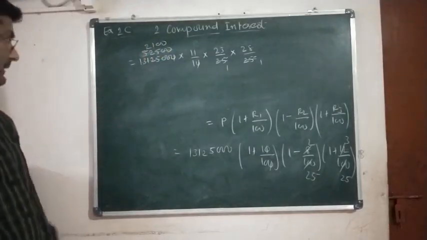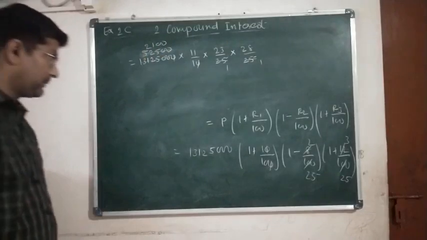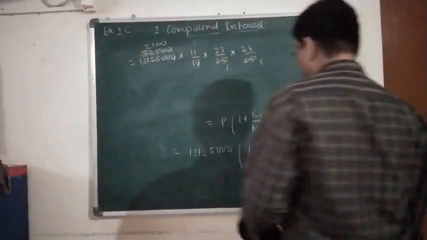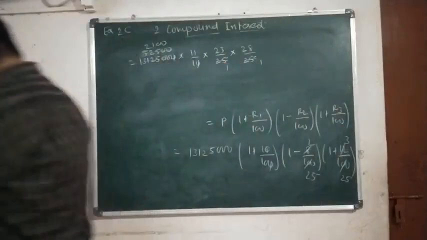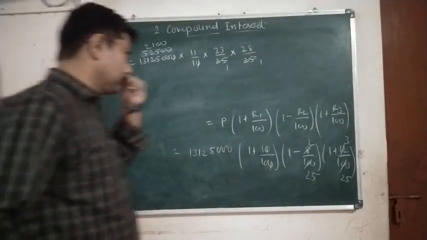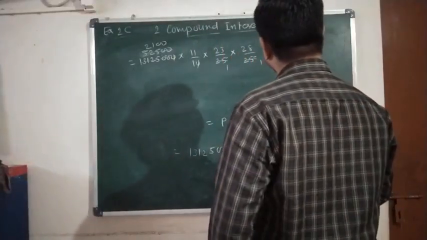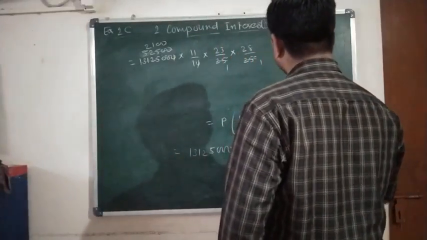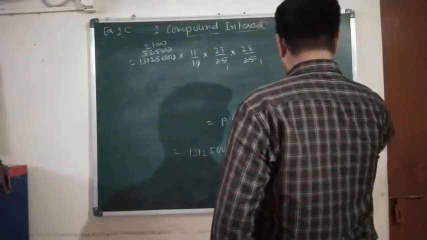Now we will multiply the remaining numbers in the numerator. Okay, so let us multiply. 280 plus 28, 280 plus 23, 308.